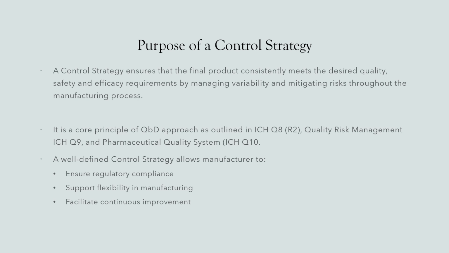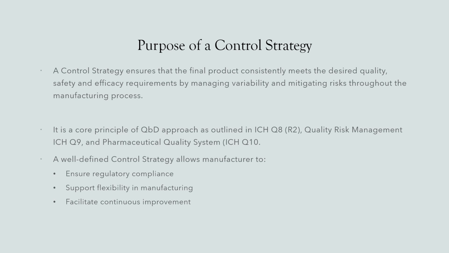I think I'll just quickly go through this. What's the purpose of having a control strategy? Well, as I've just said, it's to ensure that you consistently meet the desired quality, safety, and efficacy, and a well-defined control strategy allows a manufacturer to have a design space.